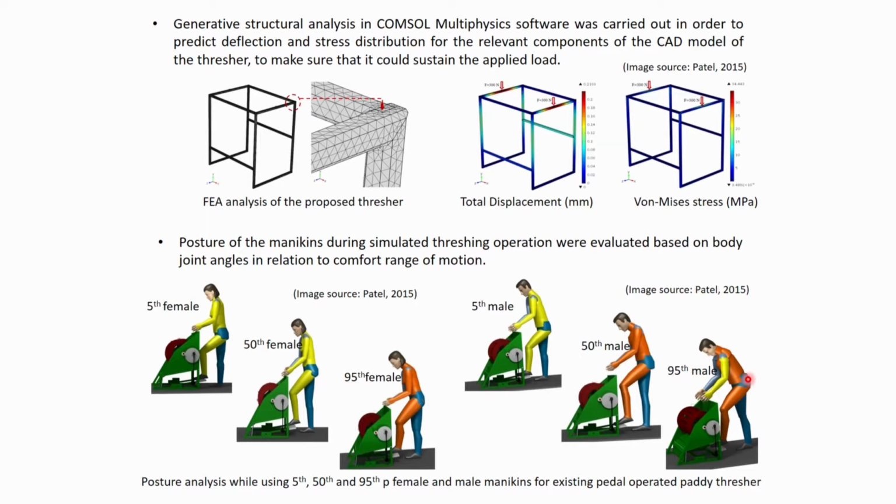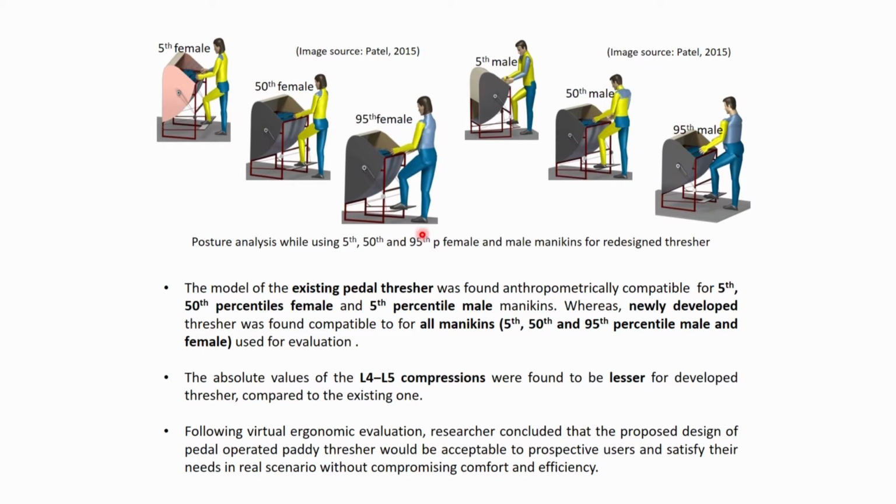But when the design was modified, addressing various issues such as less force exertion, compact design, and proper cover, it was found that the new dimension of the thresher was anthropometrically compatible with the user population.